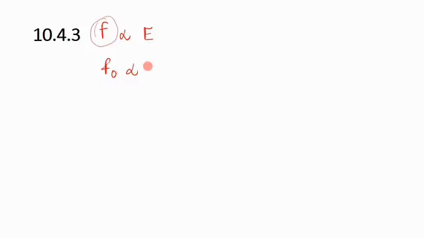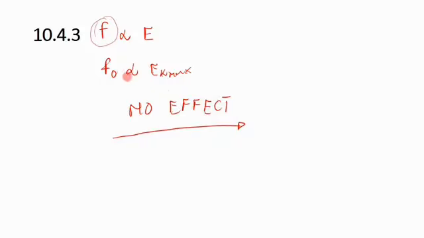So remember, the maximum kinetic energy of the emitted photoelectrons will still remain the same. So there is no effect, because we are not doing anything to the threshold frequency, right? And therefore there will be nothing done to the EK max.